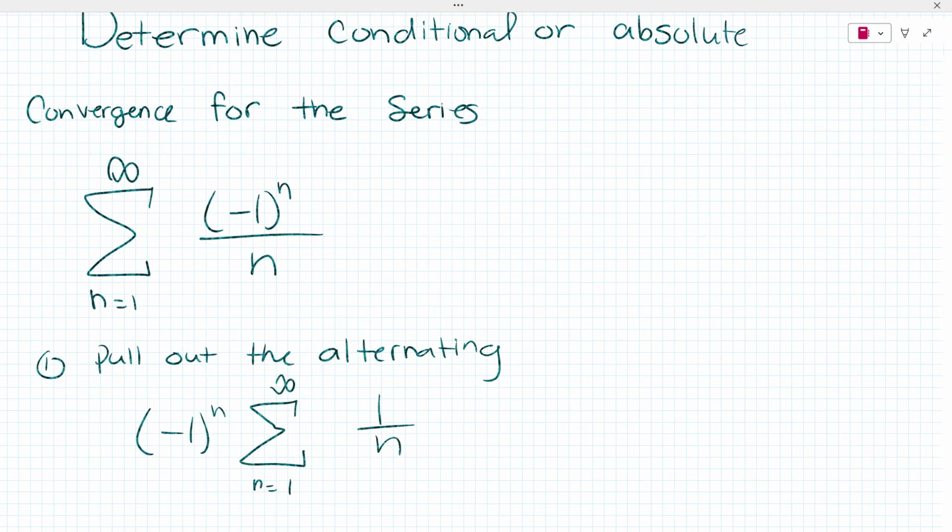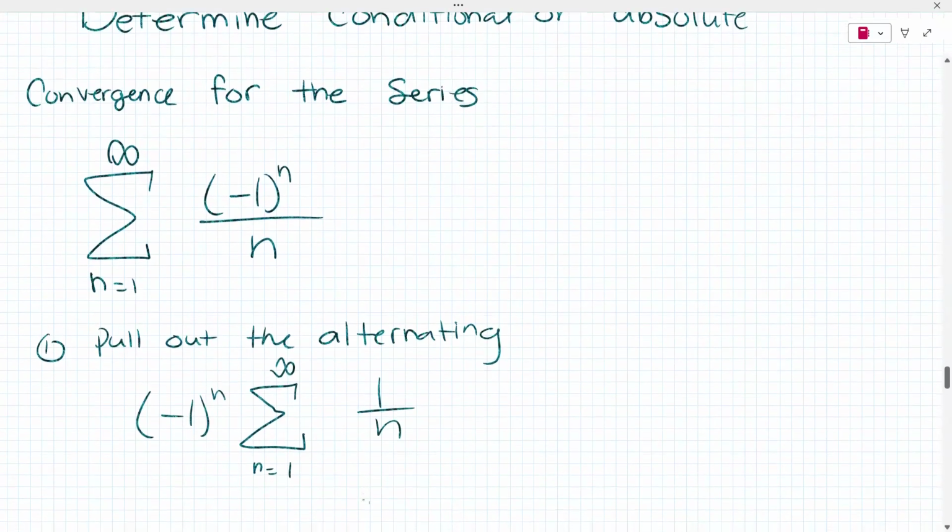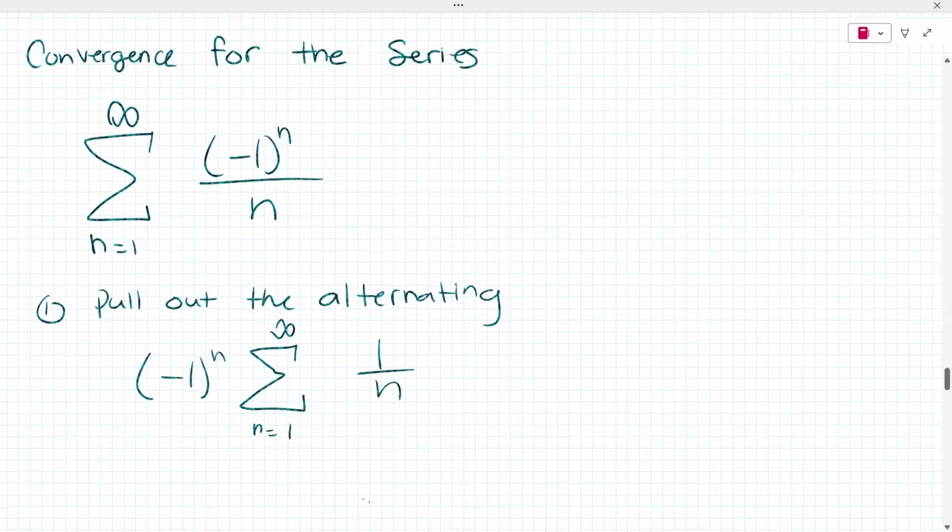Step two, take the limit as n goes to infinity.